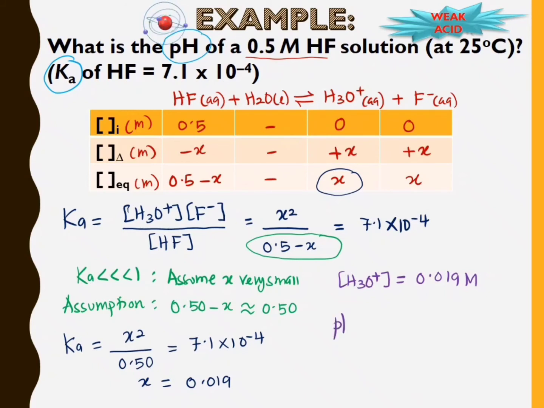Soalan nak cari apa? Soalan nak cari pH. So to calculate the pH, the formula is negative log concentration H3O+. So substitute the value and you will get the answer is 1.72. So this is the answer for pH for hydrogen fluoride.